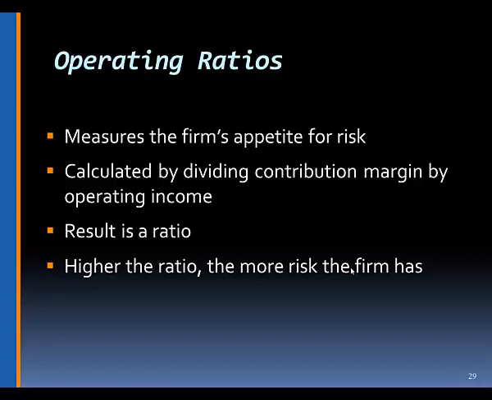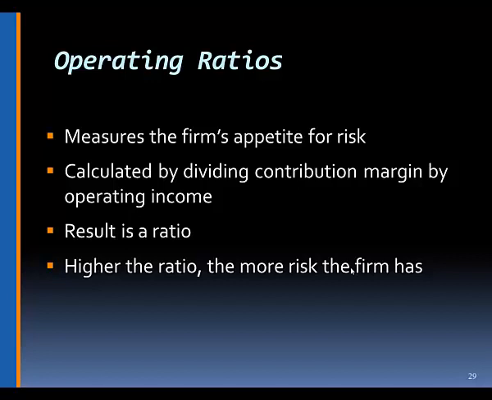The next thing we're going to talk about is operating ratios. And again, we're going to be viewing fixed and variable costs and contribution margins. Operating ratios measure firms' appetite for risk.